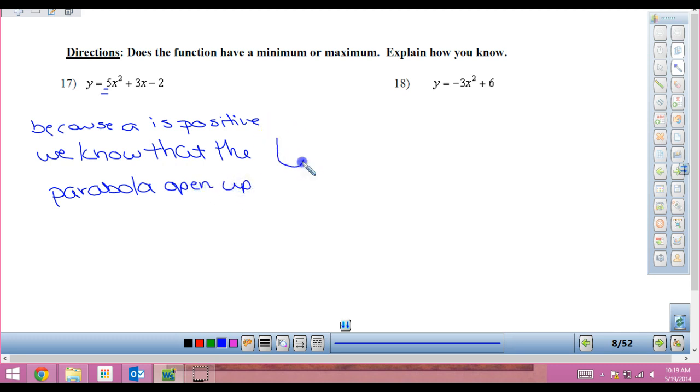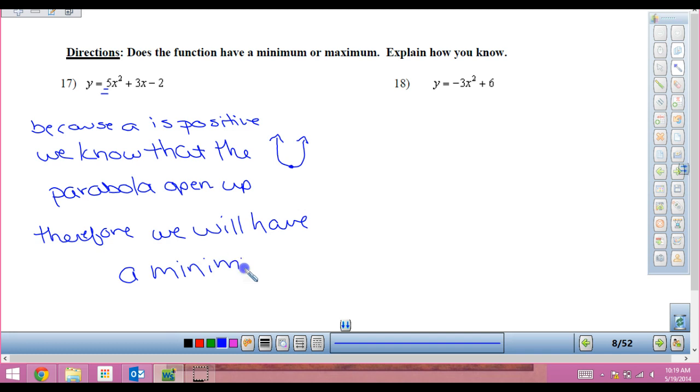Okay, if our parabola opens up, it's going to look like this. And if it looks like that, we are going to have a minimum. So therefore, we will have a minimum. Okay, on your final, you're going to have to write this out like this.